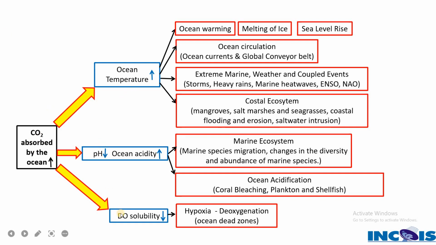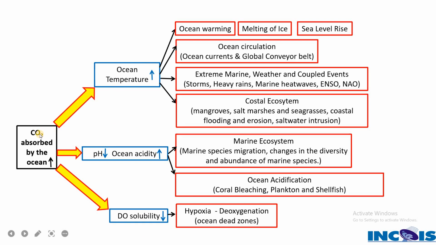If we are producing, who is receiving? Who is receiving this released carbon dioxide? Obviously the ocean, right? So the ocean is the major sink to dissolve that carbon dioxide.